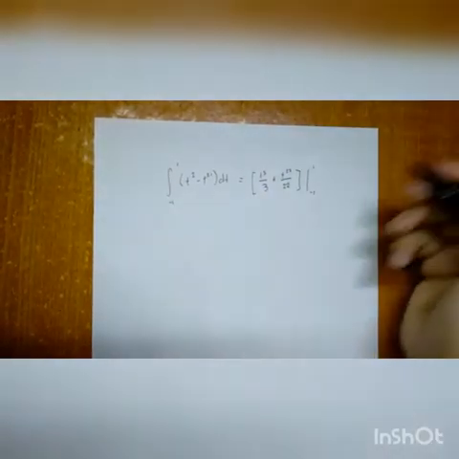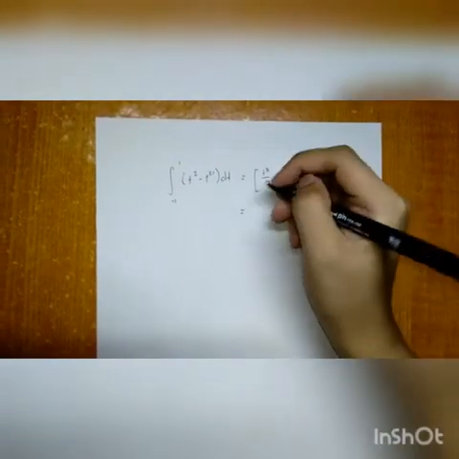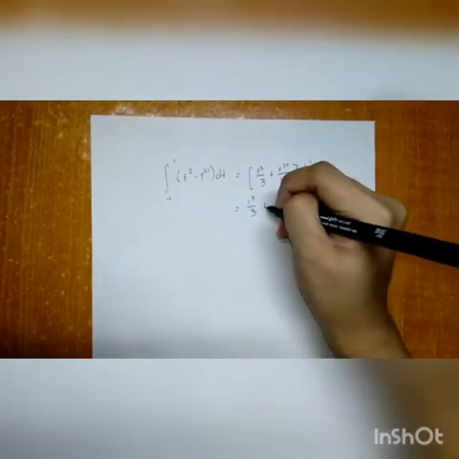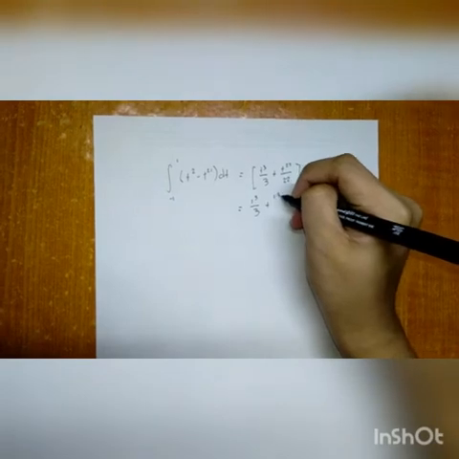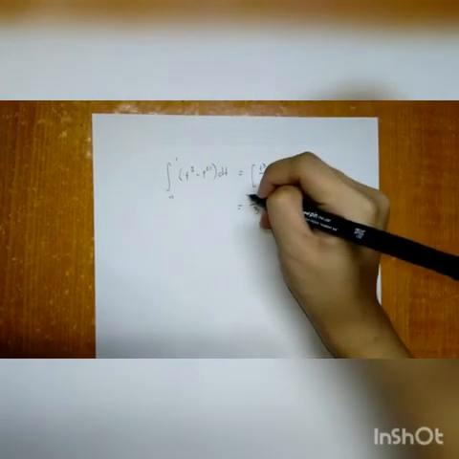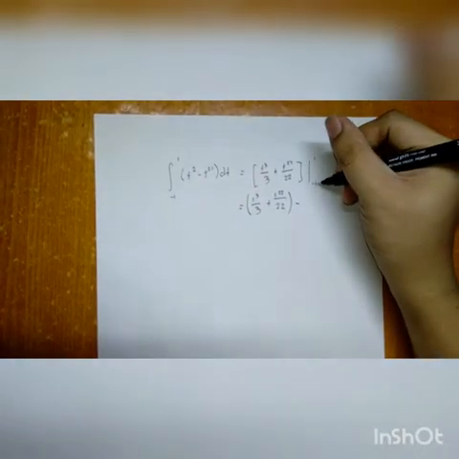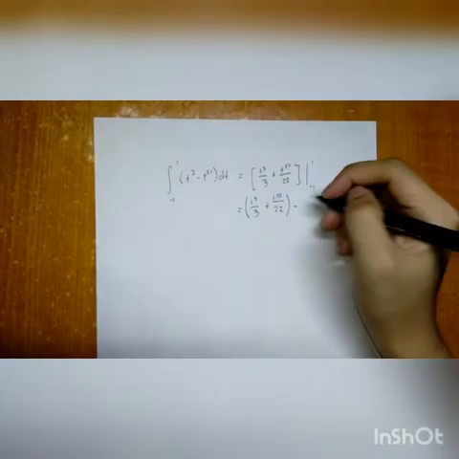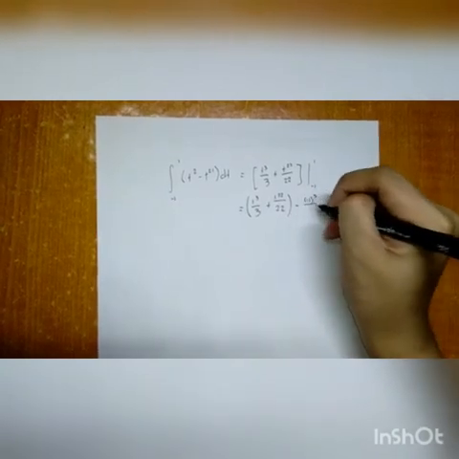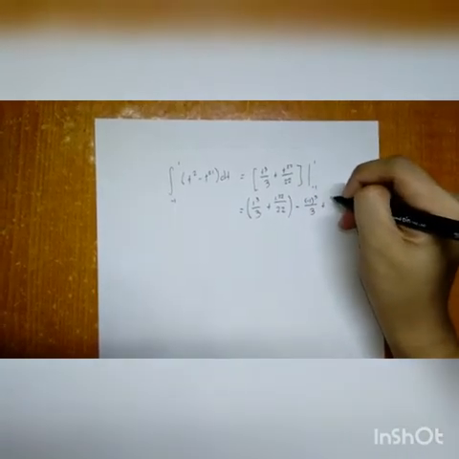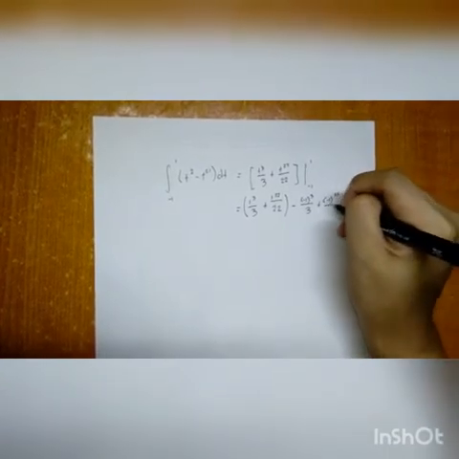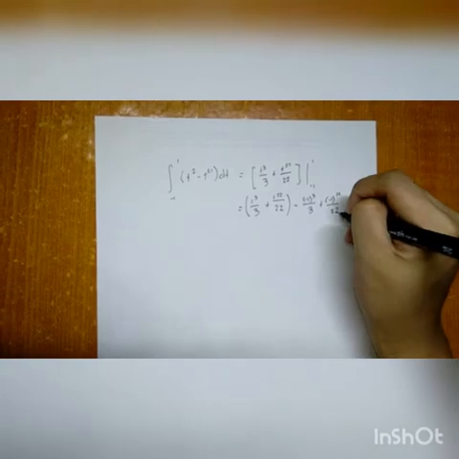Substitute 1 to t: 1 raised to 3 over 3 plus 1 raised to 22 over 22. Minus, substitute negative 1 to t: negative 1 cubed over 3 plus negative 1 to the 22 over 22.